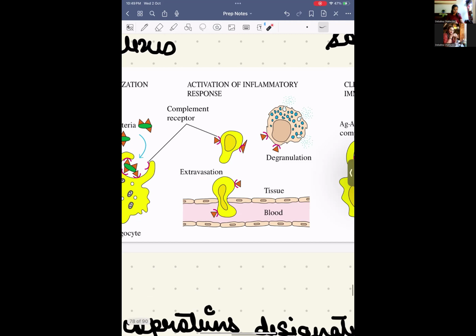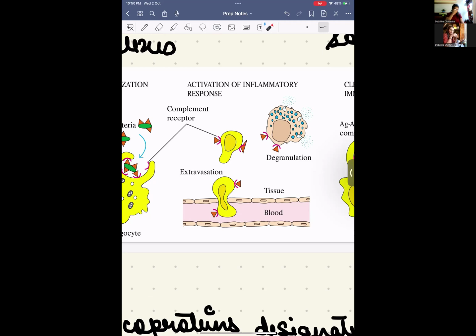There is something called anaphylatoxins. Some of the fragmentation products of the complement proteins are anaphylatoxins, and they instruct the leukocytes to get marginalized and extravasate at the site of tissue injury.